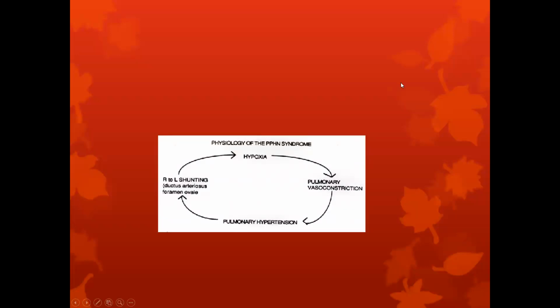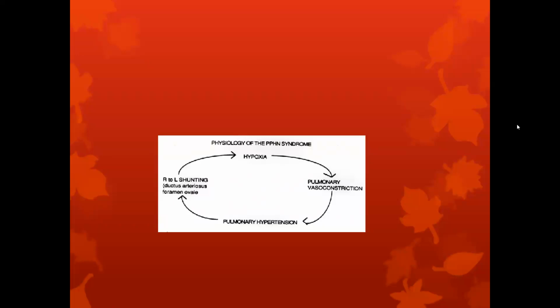Does this help bring it into perspective? There's hypoxia. It causes the pulmonary vessels to constrict. That causes pulmonary hypertension. And then we get shunting, now going from the right side to the left side, from the pulmonary artery to the aorta.